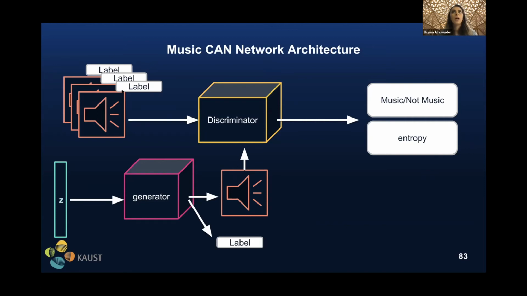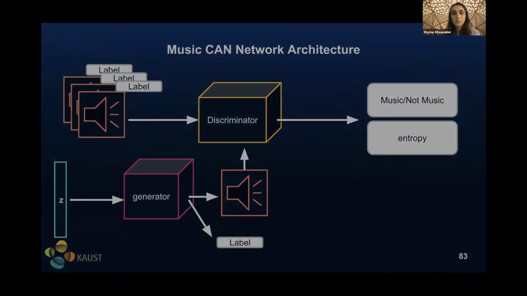So in a way, we're trying to maximize the entropy between the classes. We would want the generated musical piece to have a class that is either different, one we haven't seen before, or that falls between two different classes, like it sounds something like Mozart and something like Beethoven in between. That's what the entropy loss is trying to do, and it's trying to promote creativity in the network.